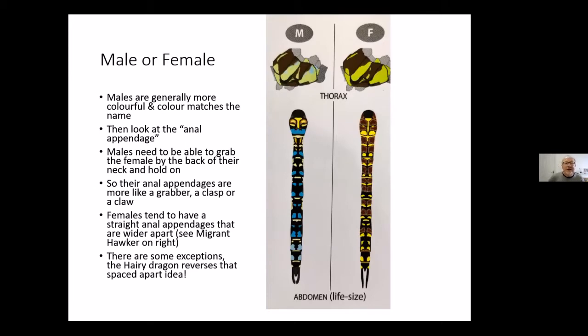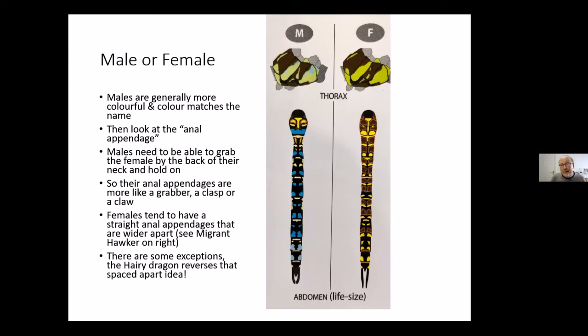So, am I looking at a male or a female dragonfly or damselfly? Well, the first thing to note is that if it's really colourful, it's most likely a male. Like most animal species, females tend to be quite dull in coloration, partly for camouflage, but the males, partly to attract attention, tend to be the colourful ones.